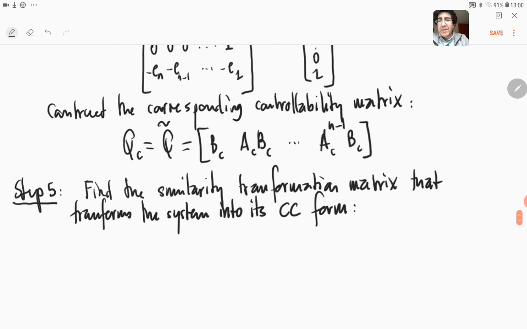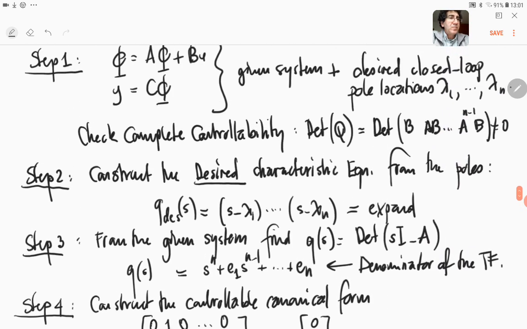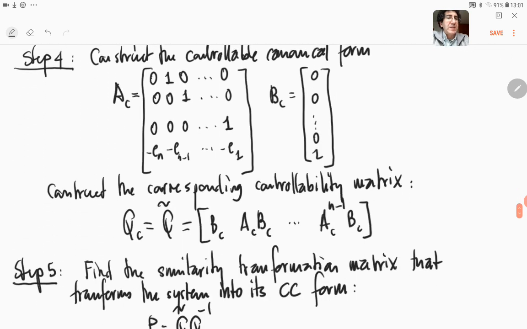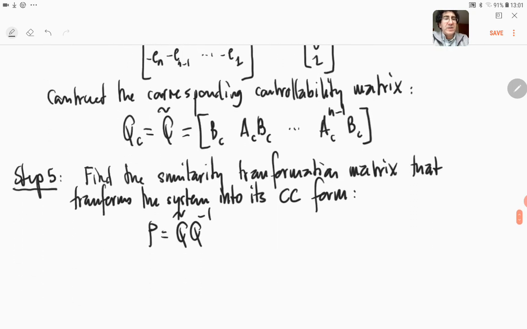Okay, remember this is given by P is equal to Q tilde Q to the power minus 1. So at this point we know the Q matrix, we know the Q tilde matrix. Q matrix, remember we had calculated here to check for the controllability of the given system, and Q tilde is calculated from the canonical form that we derived.